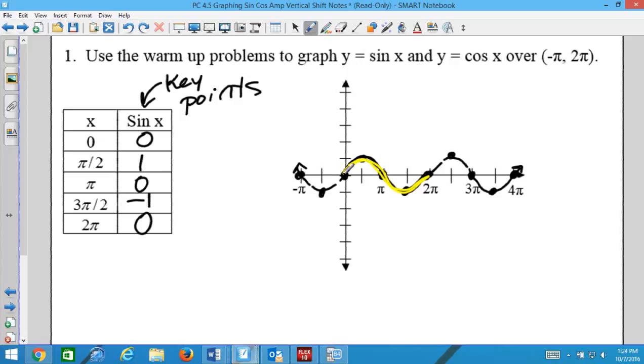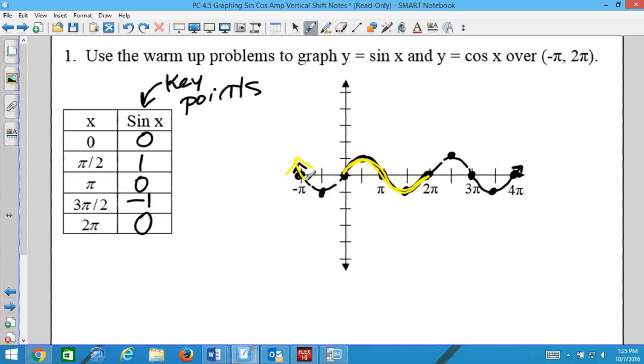There's my one period, and then I just repeat the pattern all the way through the graph. You can barely see it, but why did I put arrows? It goes on forever. So we have arrows telling everybody who looks at my graph that it goes on forever. So make sure you do the negatives also.